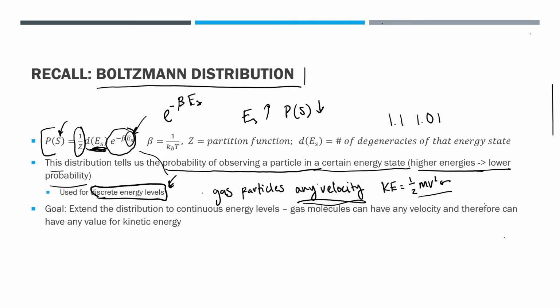So we want to extend this distribution to continuous energy levels. Gas molecules can have any velocity and can have, therefore, any value for kinetic energy because kinetic energy is just half mv squared. Okay, so in the following slides, we're going to describe how we can make this change to extend the distribution to continuous energies.